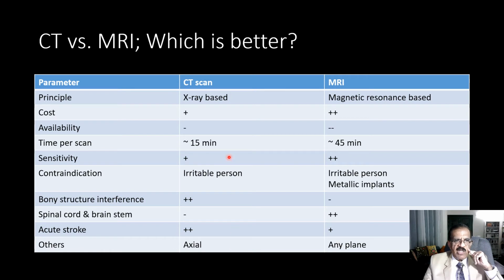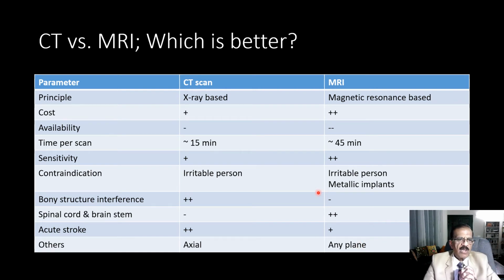Otherwise, in CT scan, primarily you get axial images. Of course, you can reconstruct other images also. The computer will do that for you. But in MRI, you can acquire image in any direction. So generally speaking, if you are looking for some soft tissue lesion like a tumor in the adrenal gland, I think I would go for MRI.